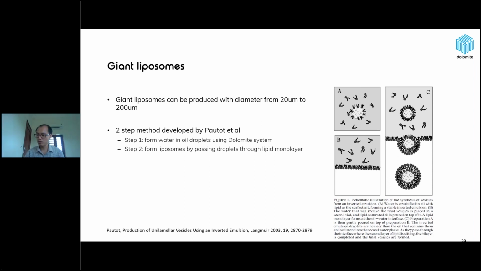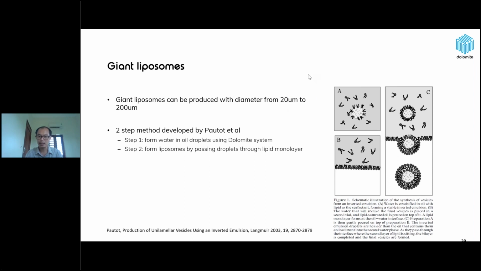And for this one, we will learn about the giant liposome. The microparticles of liposome can be generated using microfluidic methods. In this case, the giant liposome can be produced with a diameter range from 20 to 200 micrometers.